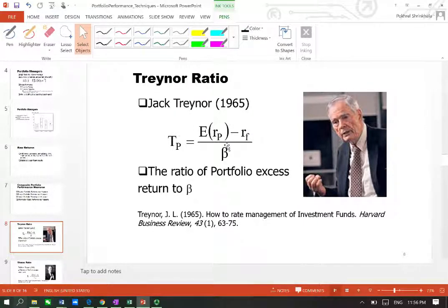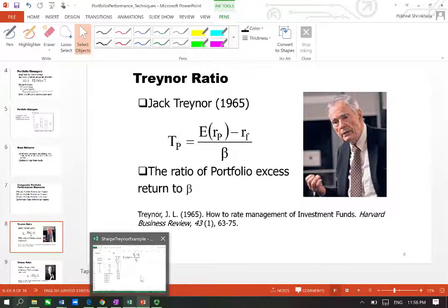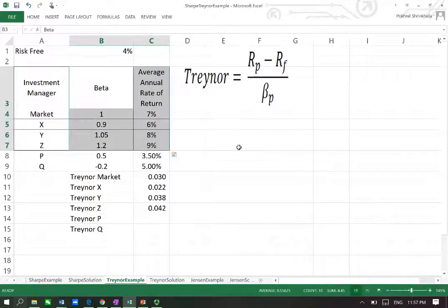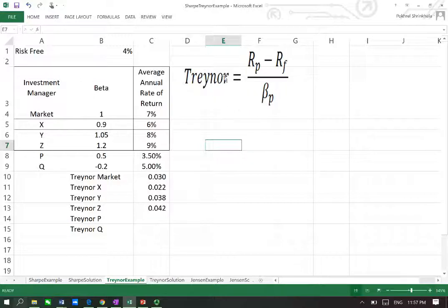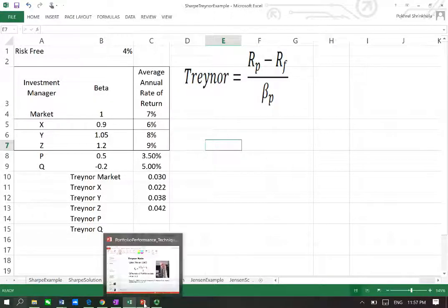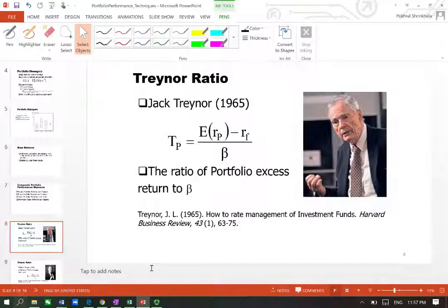Okay, so you can see this formula which I have copied here in Excel. So I'm going to discuss this method using this illustration. But what you may like to know is the technique.